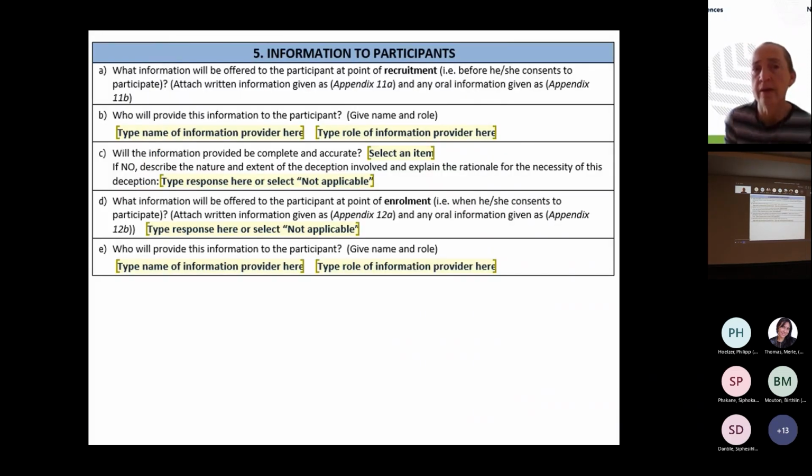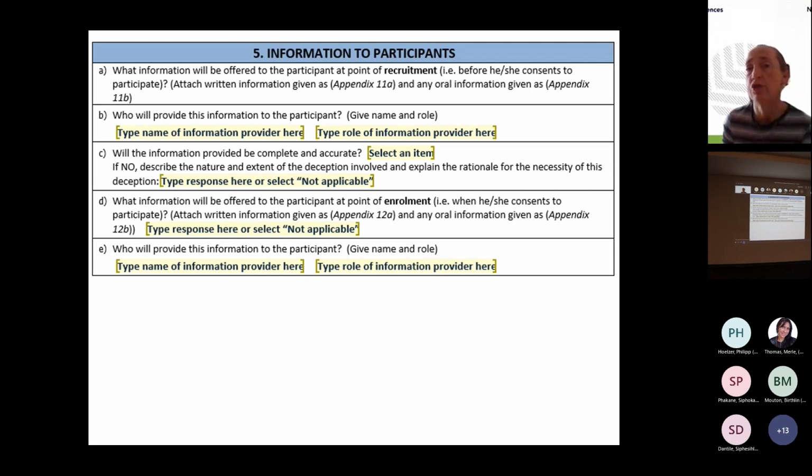So the first one: what information will be offered to the participant at the point of recruitment? There are an Appendix 11A and Appendix 11B that relate to this question. Every single study, if you are recruiting participants, you need to attach written information, Appendix 11A.